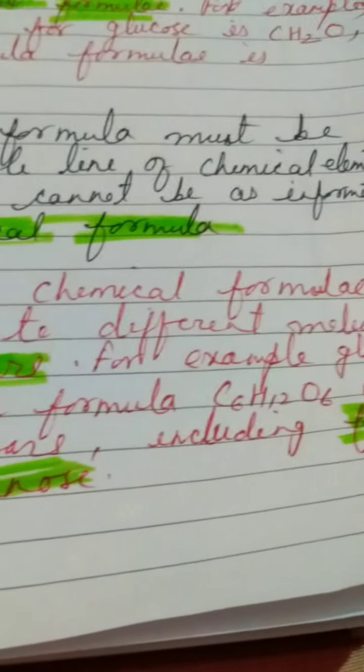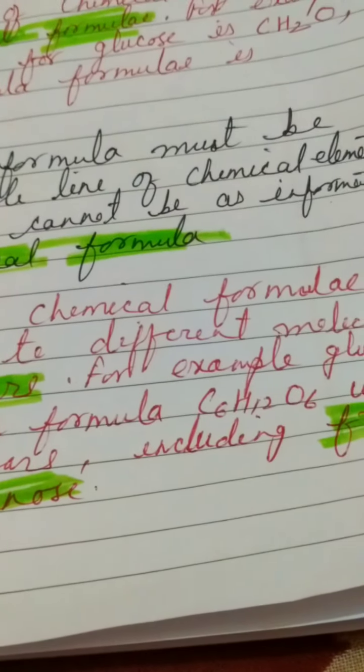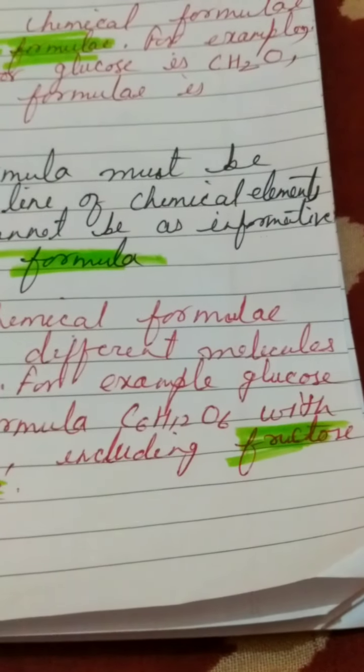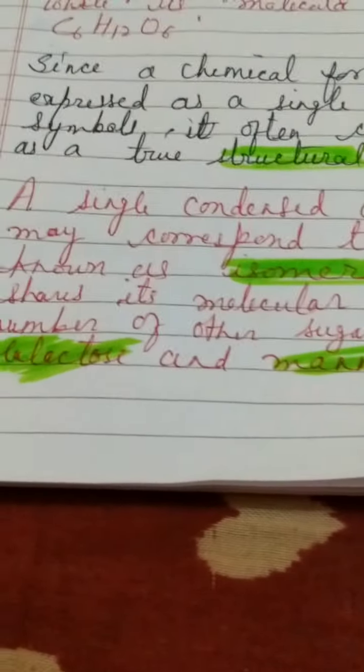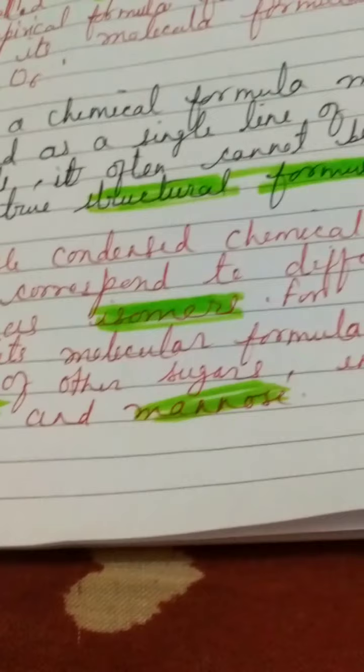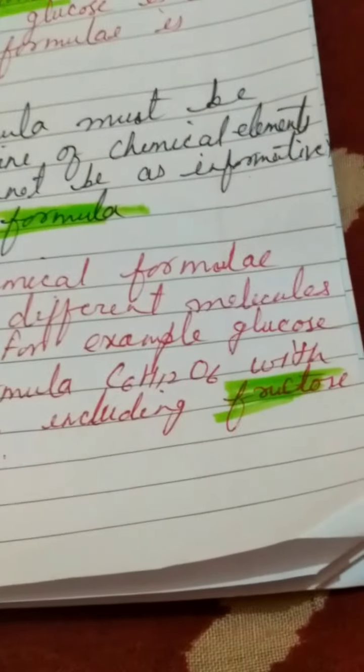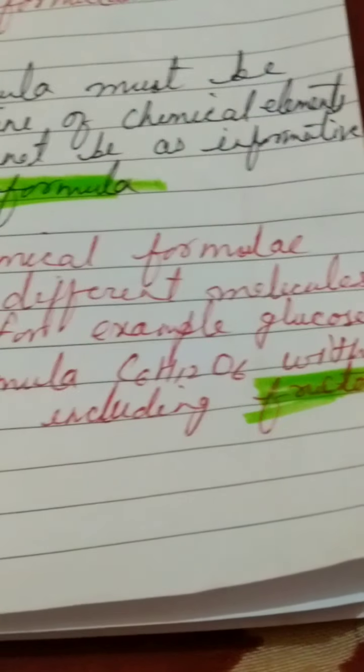Glucose has its molecular formula as C6H12O6, but C6H12O6 is the molecular formula of all the forms of sugar, like fructose, lactose, mannose. These are all forms of sugar, and they all have the formula C6H12O6.